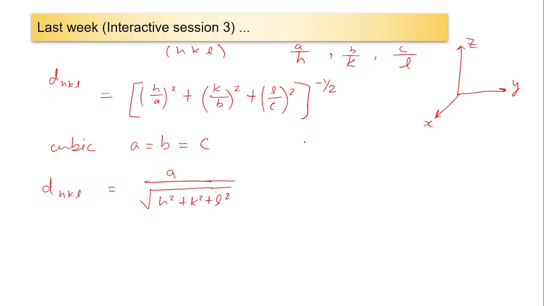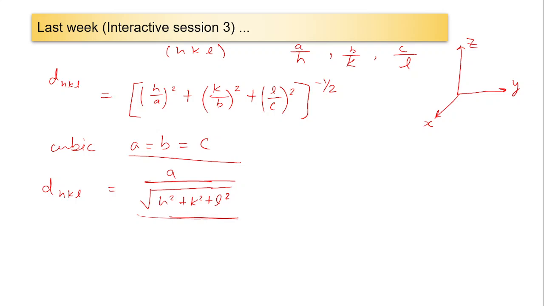Just to make it clear, in the derivation we have assumed that all these angles are 90 degrees, because if they are not, then the formula becomes a little complicated, as we have to consider the different alpha, beta, gamma angles between the axes. But here we are taking an orthogonal system, and especially when the system is cubic, with all three sides equal, the interplanar distance simplifies to this formula.